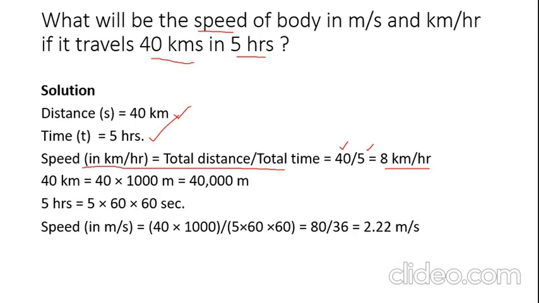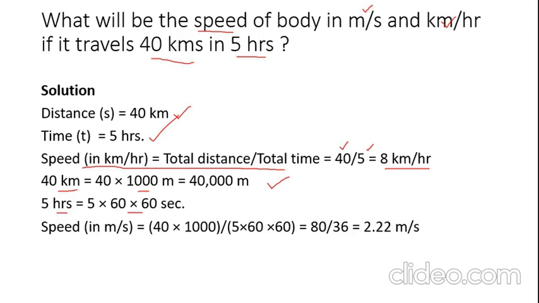One part is over. Then what is the next part? What is the speed of the body in meter per second? And we have a conversion. 1 kilometer equal to 1000 meters. Then for 40 kilometers, 40 into 1000 equal to 40,000 meters. And similarly, 1 hour equal to 3600 seconds.